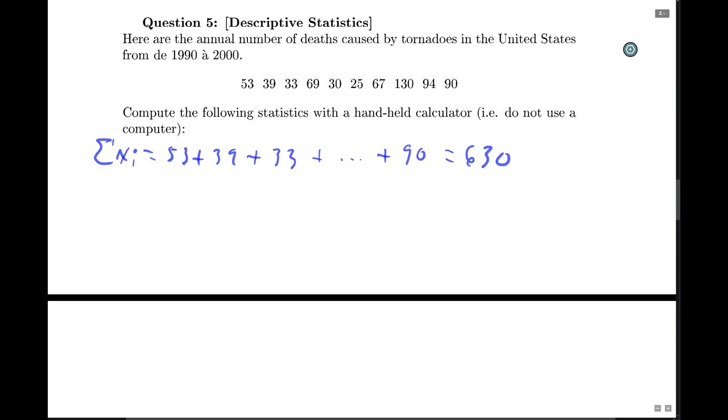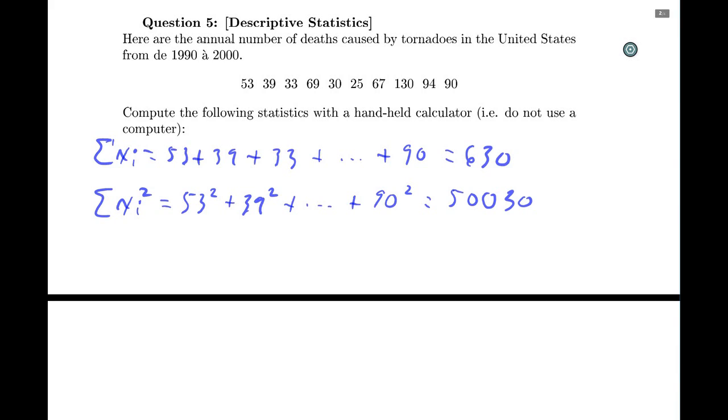Okay, and then we'll also need the sum of squares to eventually compute the sample variance or the sample standard deviation. And so I'll compute 53 squared plus 39 squared and so on right up to 90 squared, and the sum of the squares is 50,030.